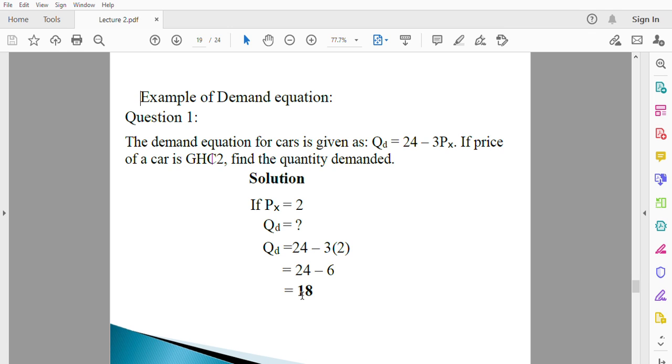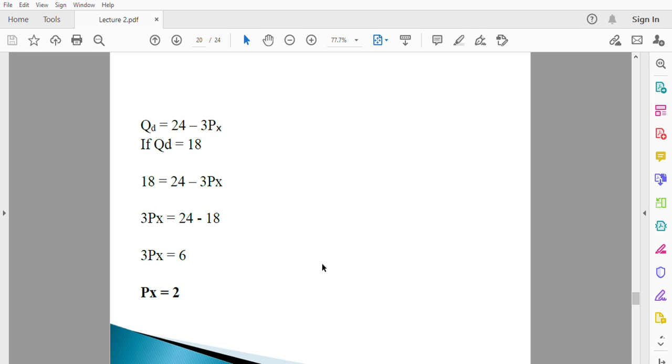Now it's good to check whether the answer is right or not. So let's put 18 in place of quantity demanded and see if we will get 2 as the price. So this is our demand function, and we have QD equal to 18, right? So 18 is equal to 24 minus 3Px. We are making Px, which is price, the subject.